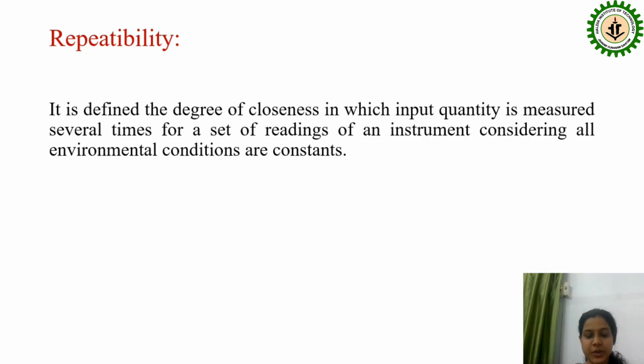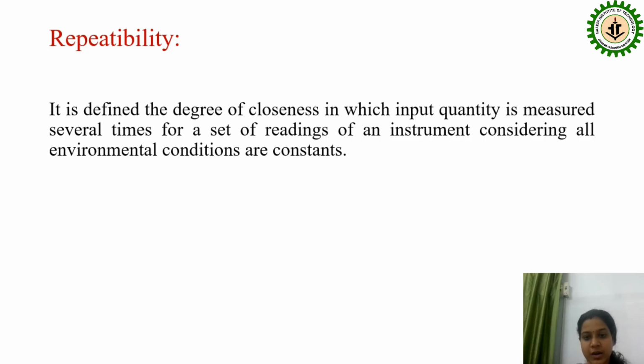Now, what is repeatability? It is defined as the degree of closeness with which an input quantity is measured several times, for a set of readings of an instrument, considering all environmental conditions constant.